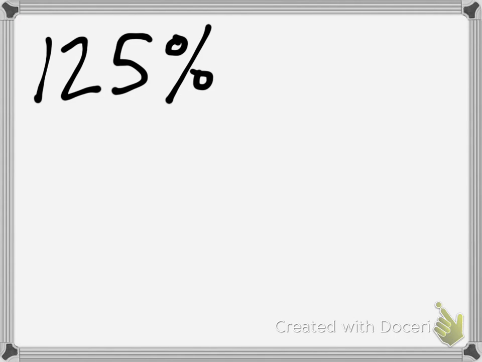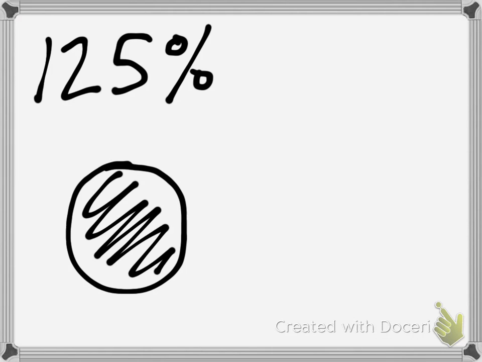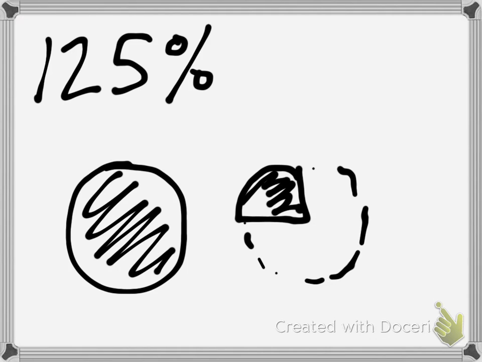Can a percent be more than 100? It is possible to have a percent be more than 100. We definitely don't see this as often, but it's possible. So here's the number 125%. If I was talking about pizza and I say that Frank ate 125% of the pizza, that would mean that Frank ate all of the pizza that I had intended, and then he went and found another 25% of a pizza and he ate that too.